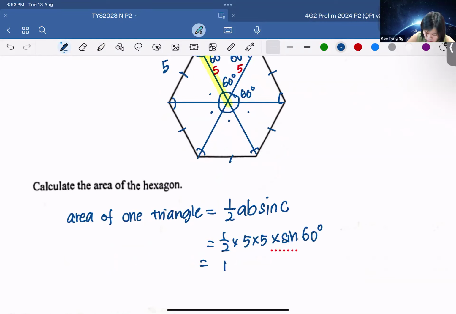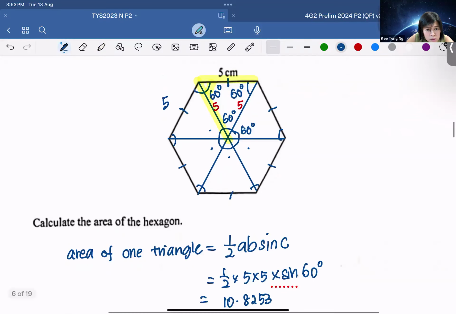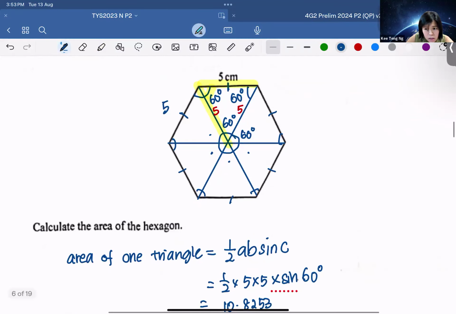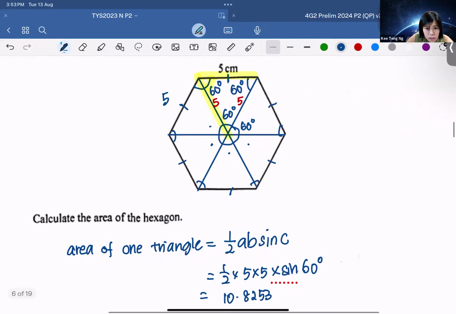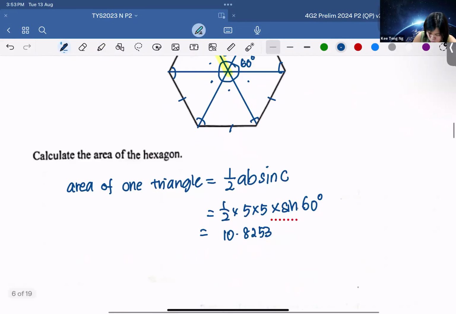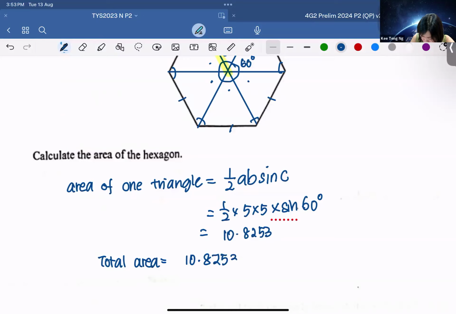And that gives me 10.8253. Wait a minute. How many triangles are there here? 6. So I times 6. So for the total area, I'm going to take the more accurate number, 10.8253, multiply by 6.